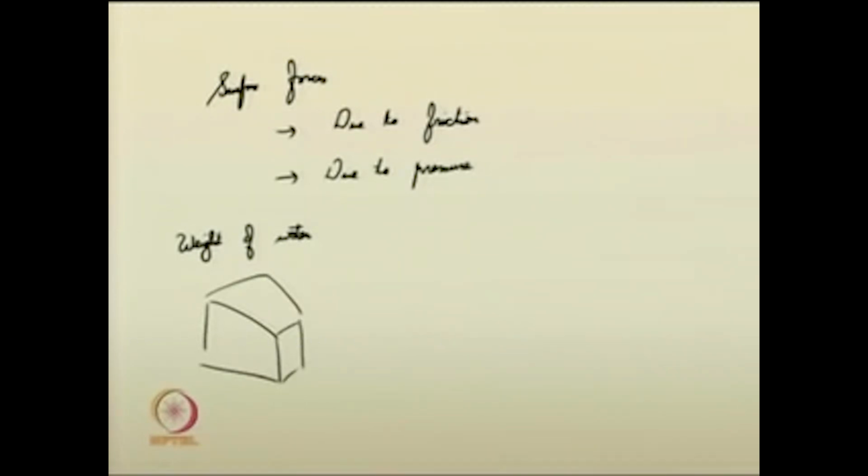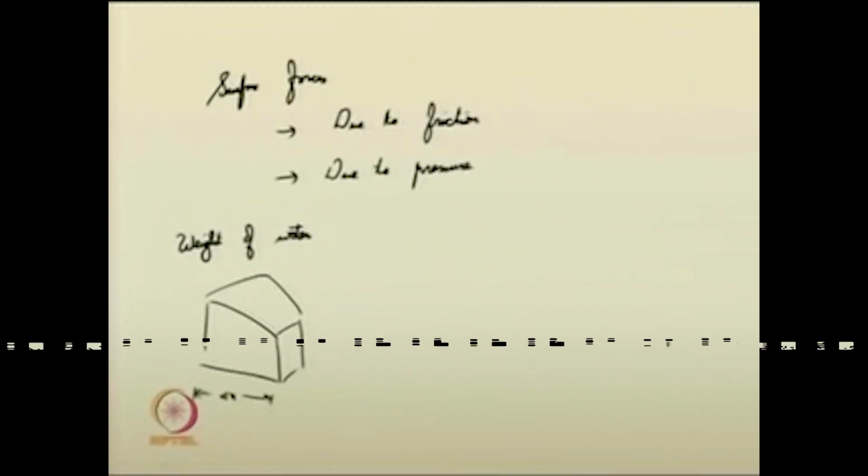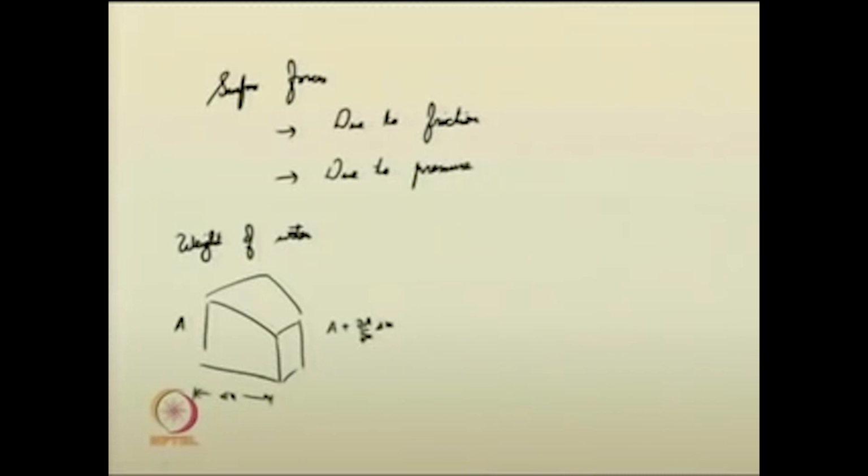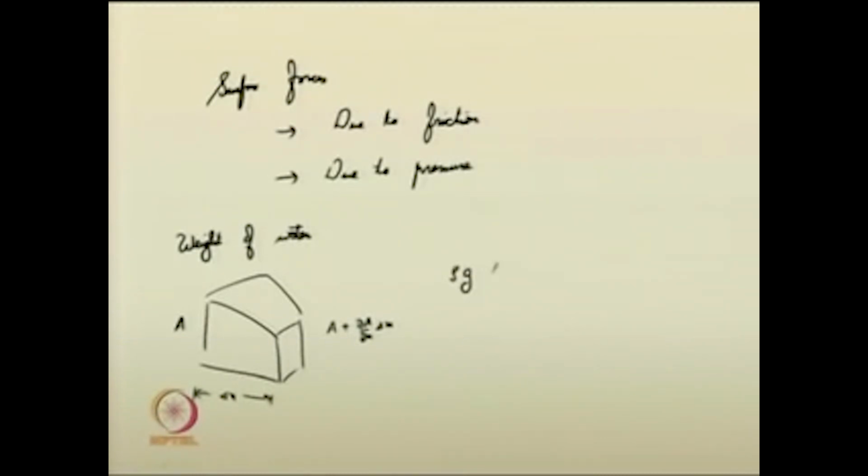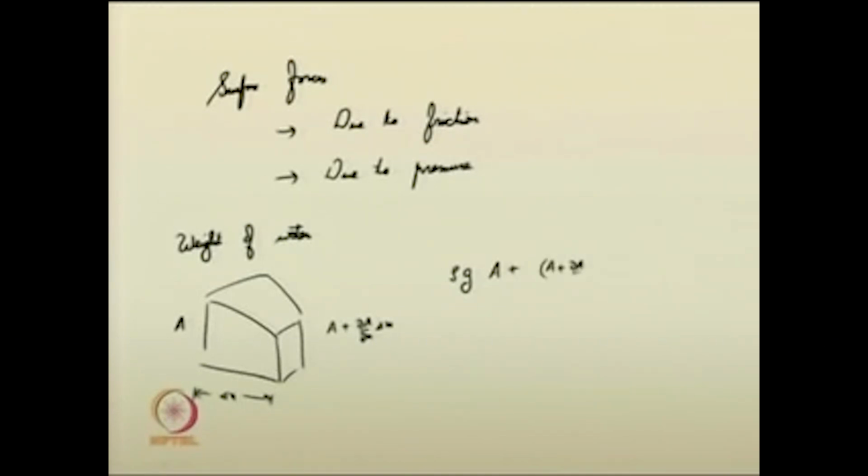So, if you have such a control volume, here it is A and here the area is A plus ∂A/∂x into Δx, then the weight of water is nothing but density of water into acceleration due to gravity into (A plus ∂A/∂x into Δx).